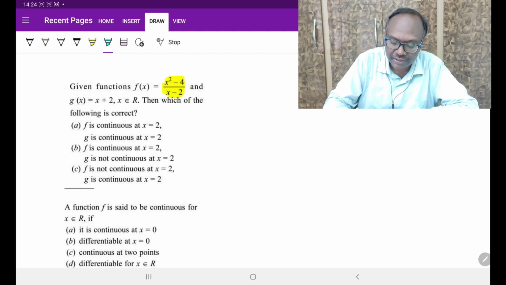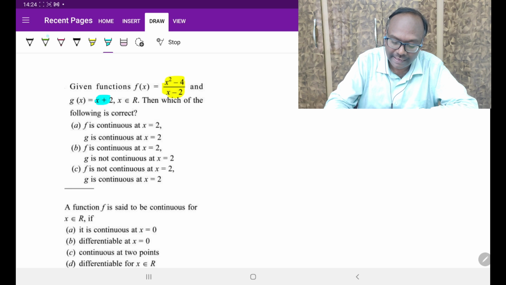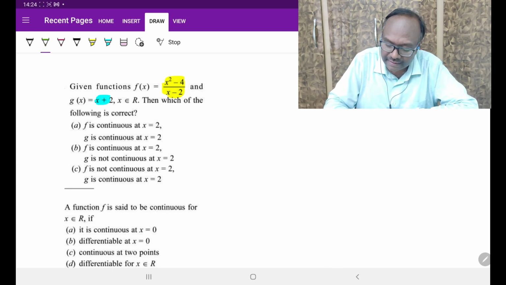Whereas if you observe g of x equal to x plus 2, it is very clear that it is a polynomial function, so it is continuous for all x belongs to R. So f is discontinuous at x equal to 2, whereas g is continuous at x equal to 2. The right option is: f is not continuous at x equal to 2, g is continuous at x equal to 2.